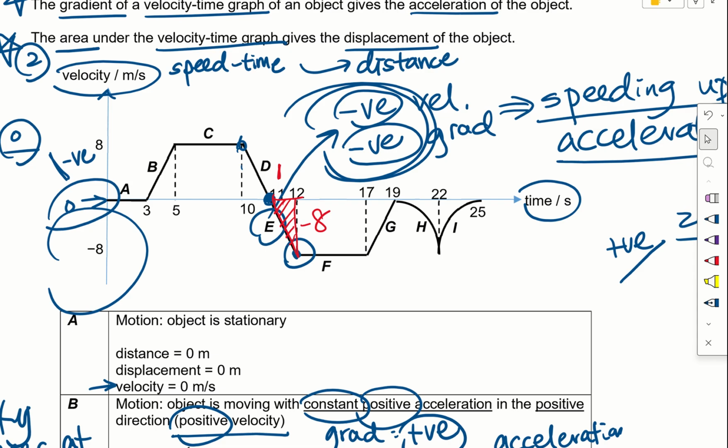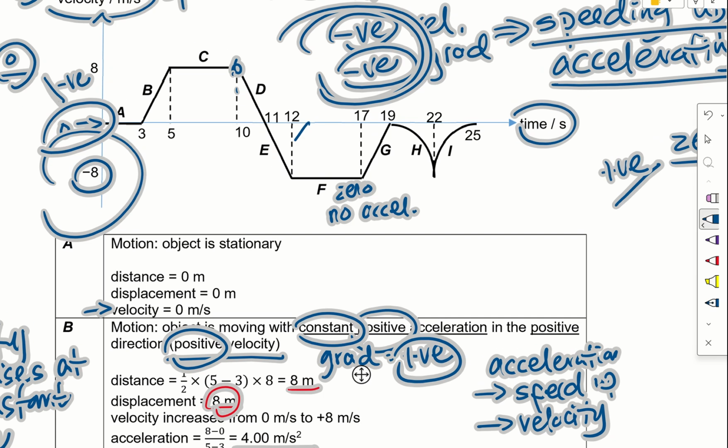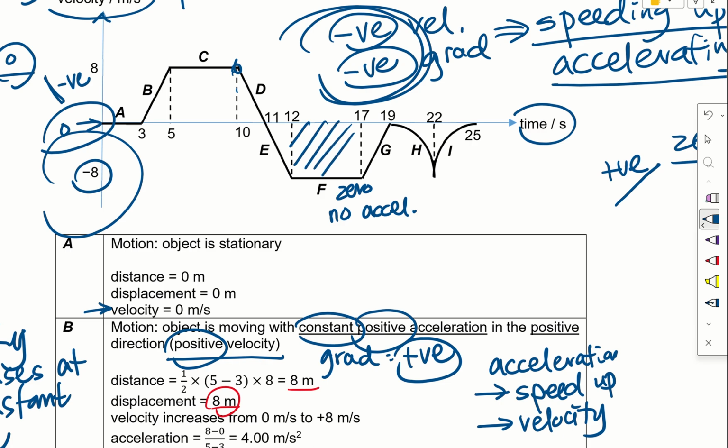Next is your F. Again, for F, take note that the gradient is 0. Therefore, there is no acceleration, because gradient represents acceleration. So it is moving with a velocity of 8, but it is in the negative direction. Are we able to calculate the distance traveled? It is again this area, which is framed by the x-axis and the shape of this graph.